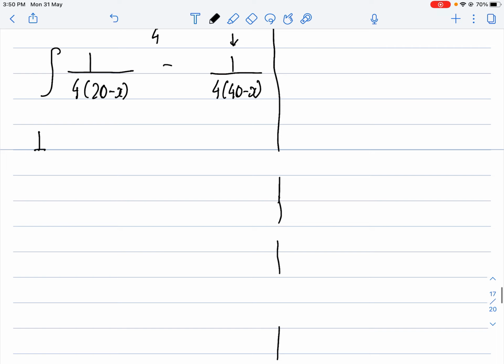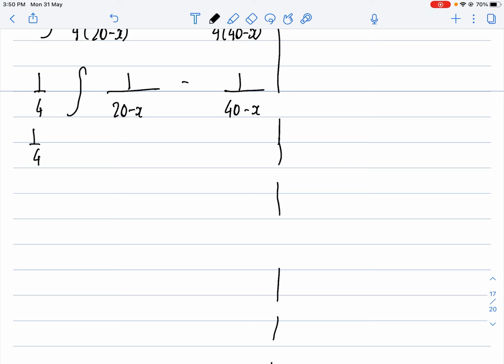So I can take 1 over 4 common here and write this as the integration of 1 over (20 minus x) minus 1 over (40 minus x). So I can write this as 1 over 4 multiplied by: first, ln of (20 minus x) with the numerator, which is 1, over the coefficient of x, which is minus 1, minus ln of (40 minus x) over minus 1.